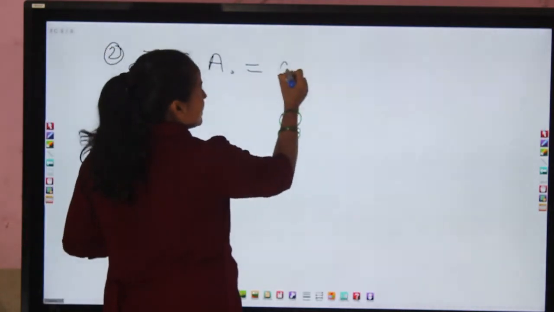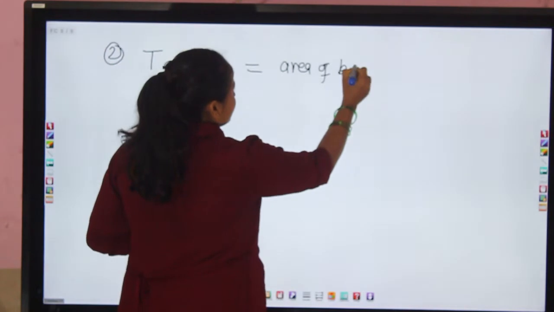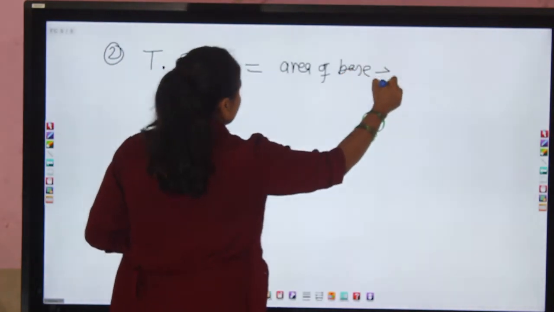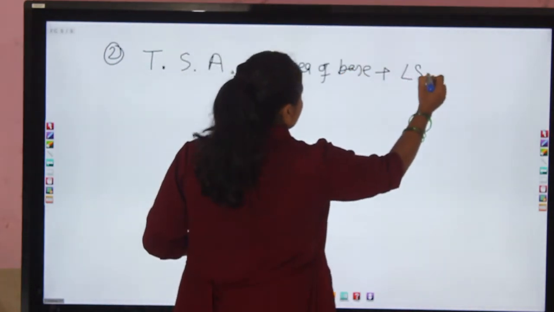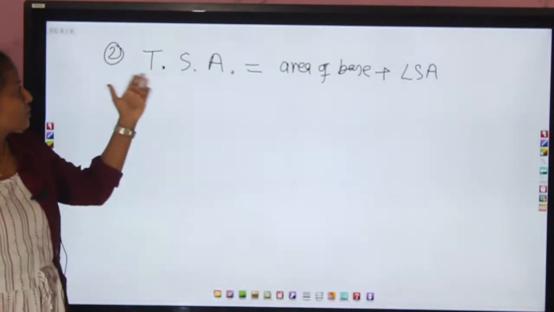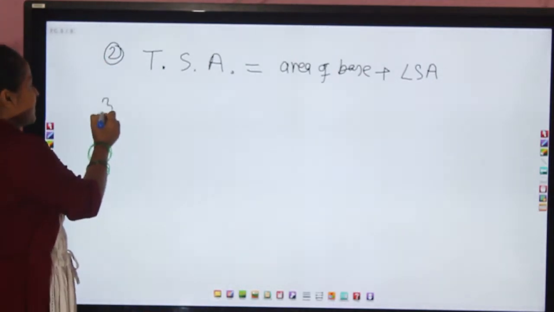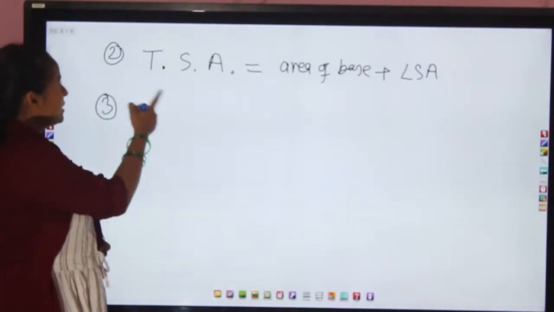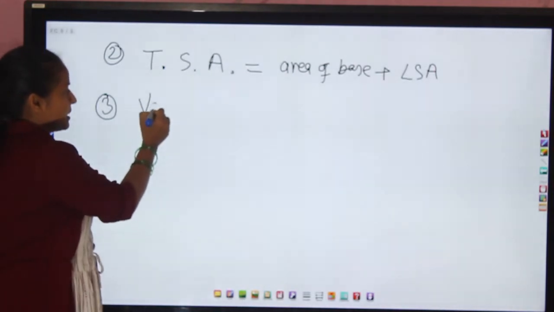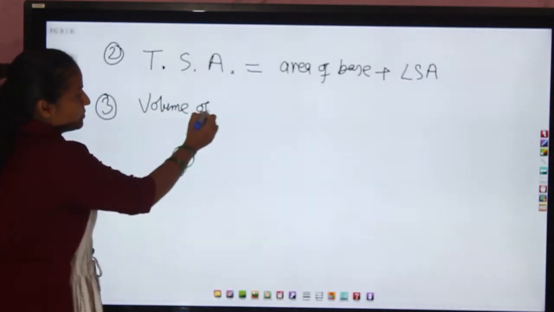Then it means the area of base plus lateral surface area. In this way total surface area will be obtained, okay. Now we are going to find out the next formula, volume of the pyramid.